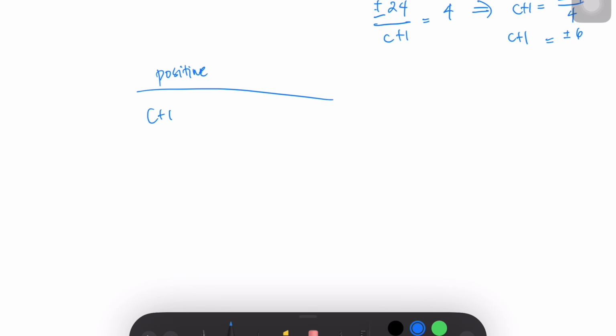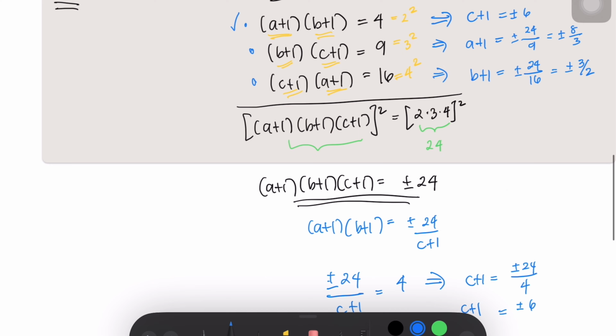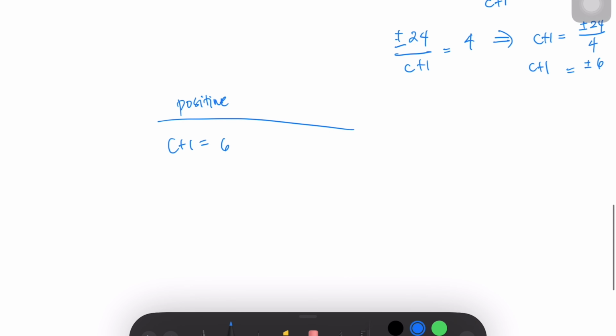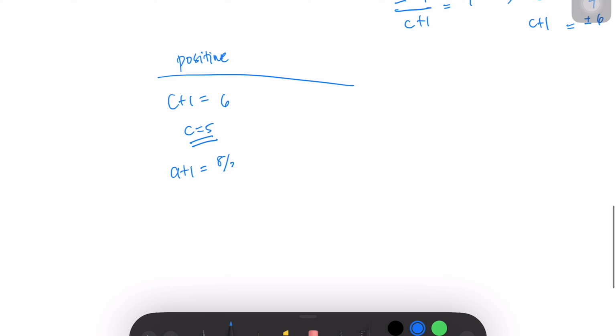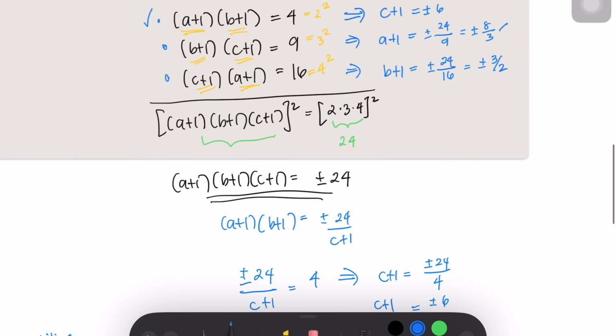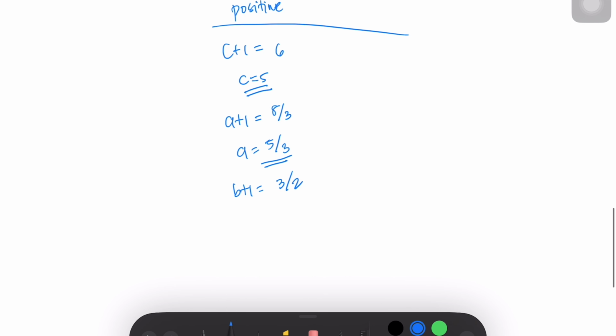So c plus 1 is equal to 6, which means c equals 5. a plus 1 is equal to 8 over 3, which means that a is equal to 5 over 3. b plus 1 is equal to 3 halves, and so b must be equal to 3 halves minus 1, which is 1 half.